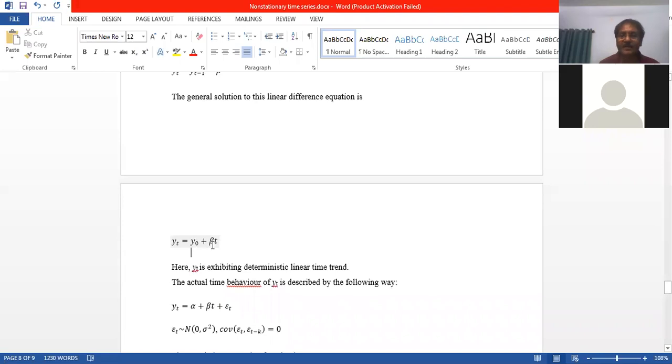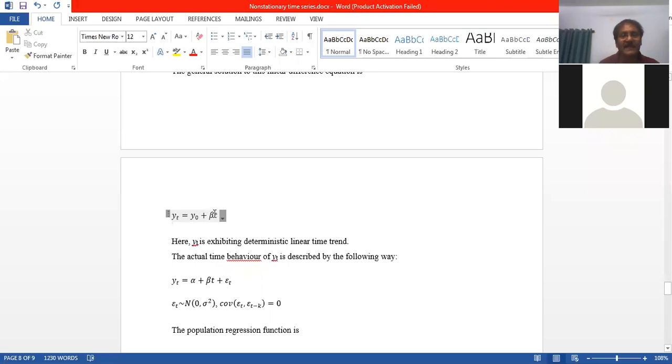Beta is a constant. So if we multiply the time factor at a constant rate and add it to the initial value of y, you get the current value of y. And if you measure time along the horizontal axis and yt along the vertical axis, you will get a straight line with intercept y naught.